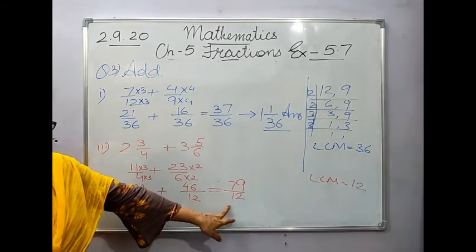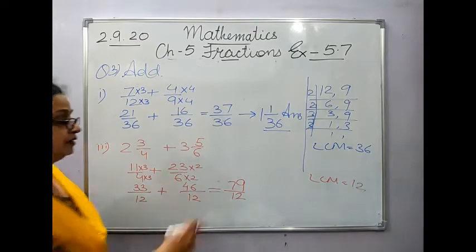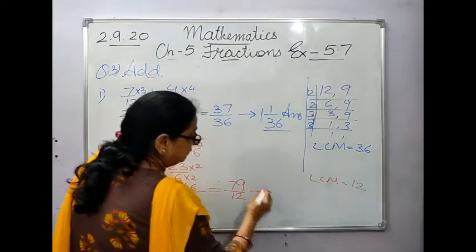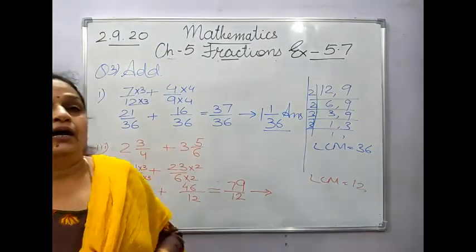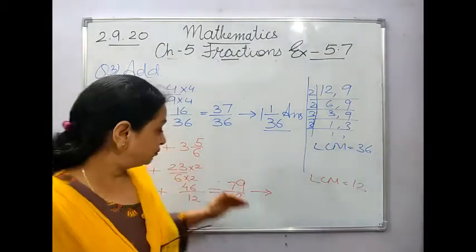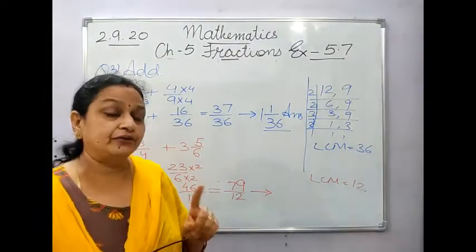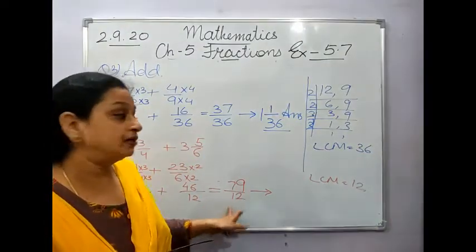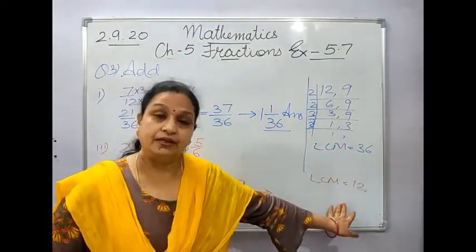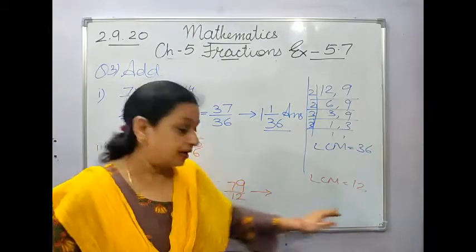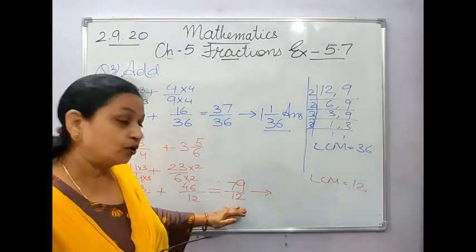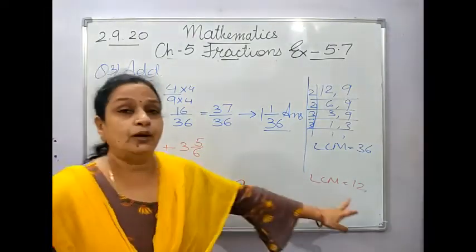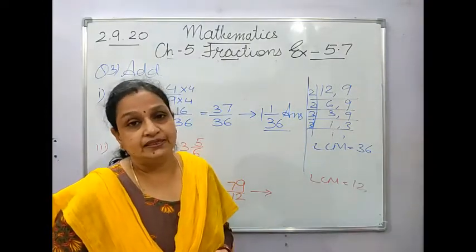Improper fraction, so we have to reduce it to the lowest term, divide it. Children, when you reduce it to the lowest term, you can cut with the same factor. You remember that I have taught you. But if the numbers are bigger, you can divide also. The answer will be same. Either you cut over here with a common factor or you divide in the rough, the answer will be same.